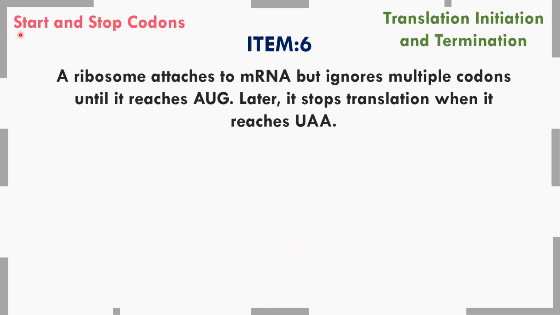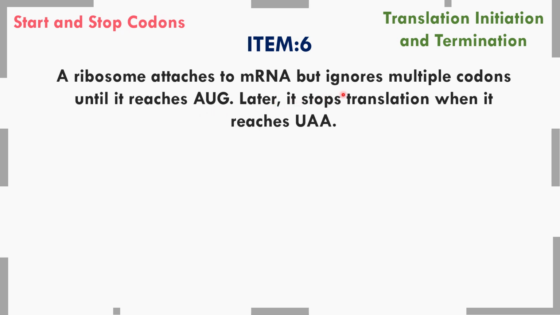Let's now look at the start and stop codons. We are going to explore translation, initiation, and termination. Item 6. A ribosome attaches to messenger RNA but ignores multiple codons until it reaches AUG.